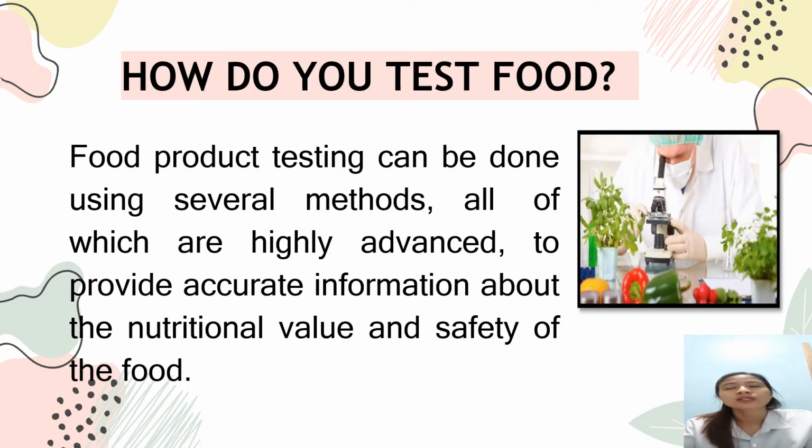So, how do you test the food? Food product testing can be done using several methods, all of which are highly advanced to provide accurate information about the nutritional value and safety of the food.